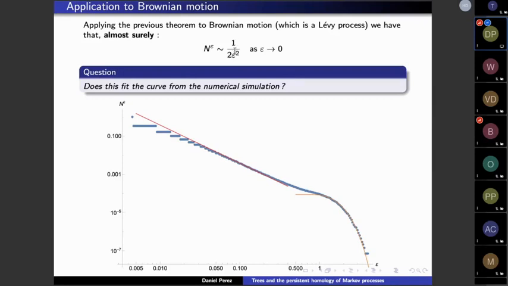Okay, so this 1/2 you need to calculate, but essentially the power law is given by the self-similarity. And as you can see, the exponent here is 2. And the reason for this is because one of the reasons is that Brownian motion is 1/2 minus delta Hölder for all delta greater than 0.